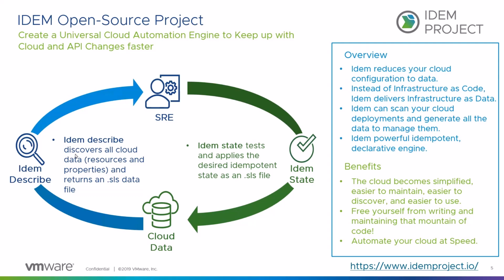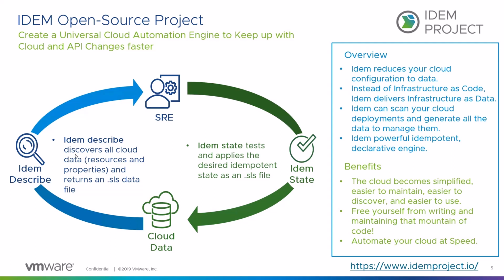Instead of writing my code from scratch, when I do idem describe, I get back all the discovered data, modify it, then apply it as cloud data to enforce a desired state. The benefit is that Idem is a super powerful, idempotent, declarative engine.